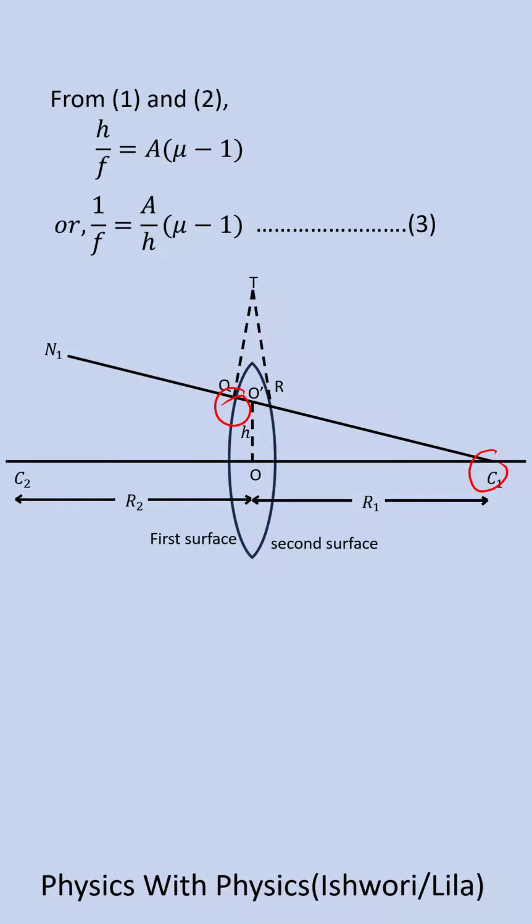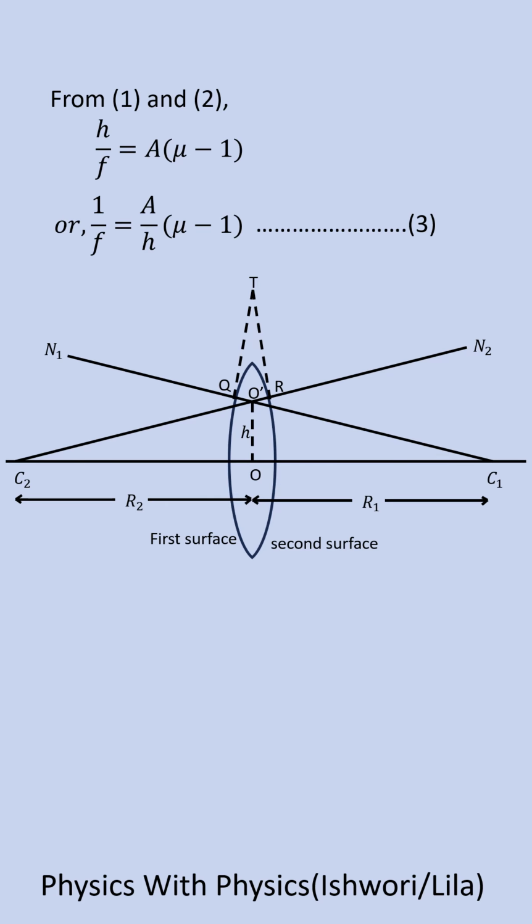Lens is a part of a sphere. Let's say this is the center and this is the tangent. When we join the tangent and the line passing through the center, those two lines are perpendicular to each other. That's why C1Q is perpendicular at point Q. Similarly, C2R is perpendicular at point R.